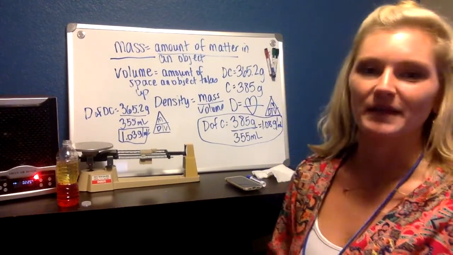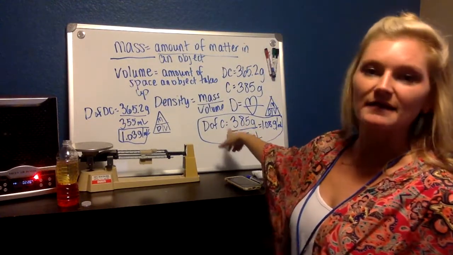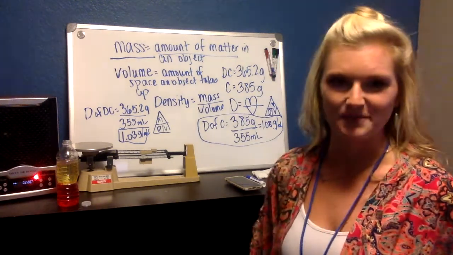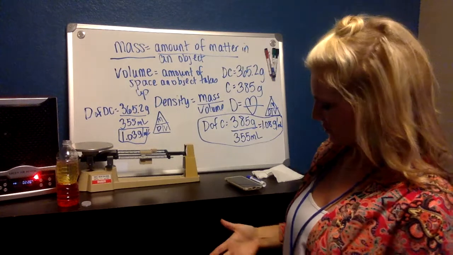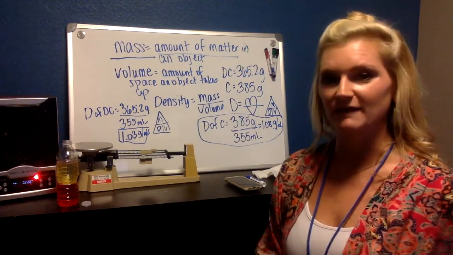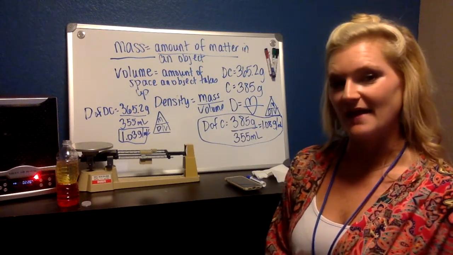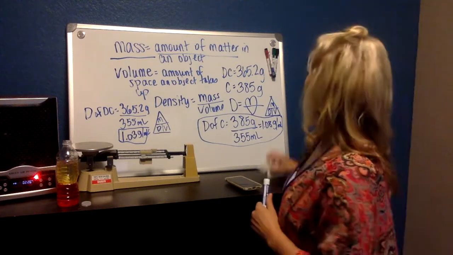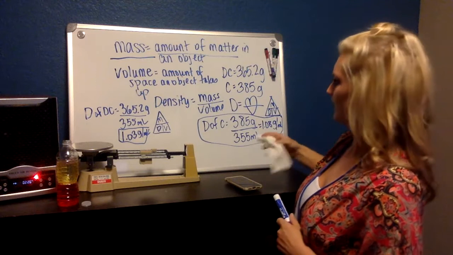So our Coke has a lot more mass because it has a lot more sugar. Sugar is more dense than the artificial sweeteners that they put in the Diet Coke. So we do see our density. We can see that right now with our Coke at the bottom of the bucket and our Diet Coke floating.